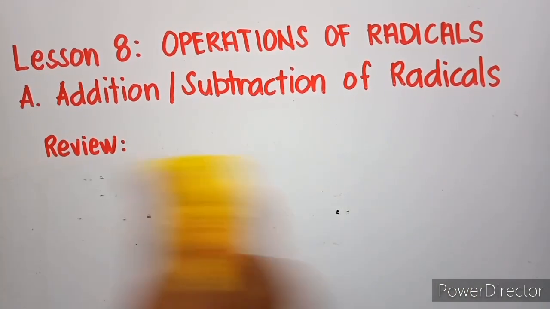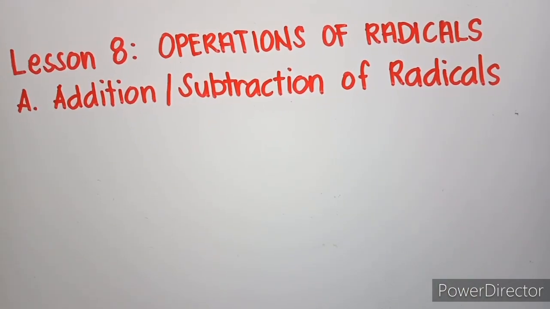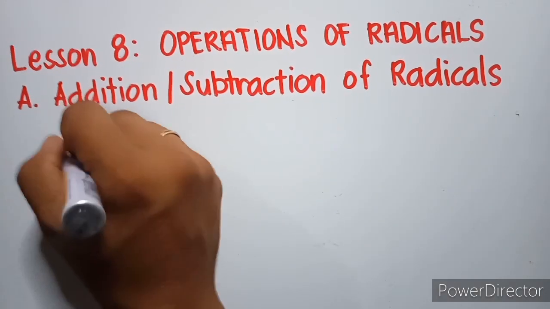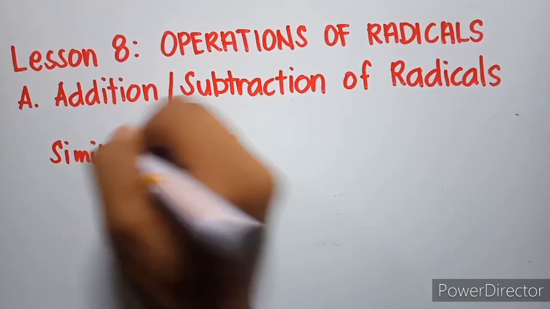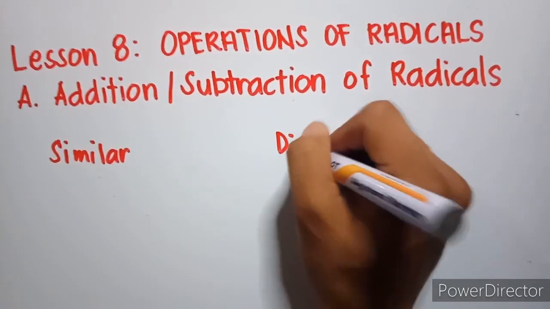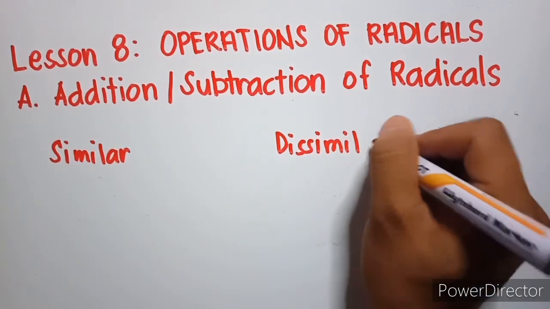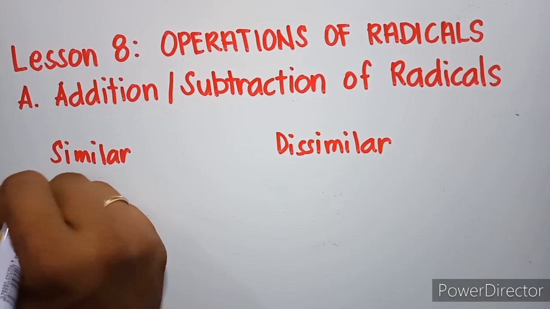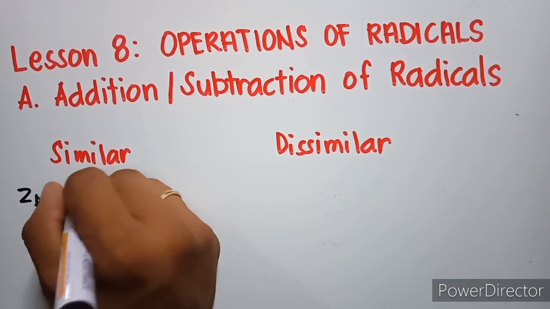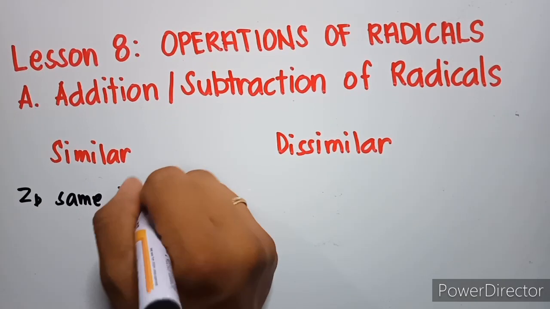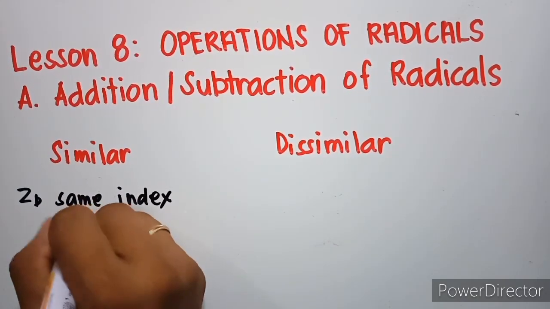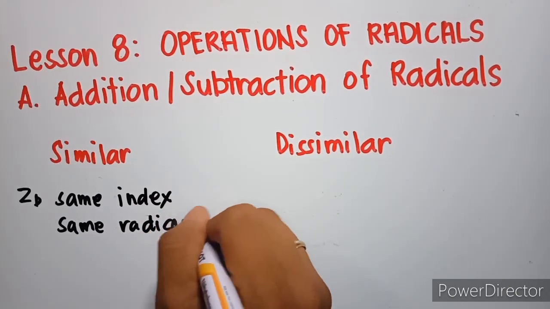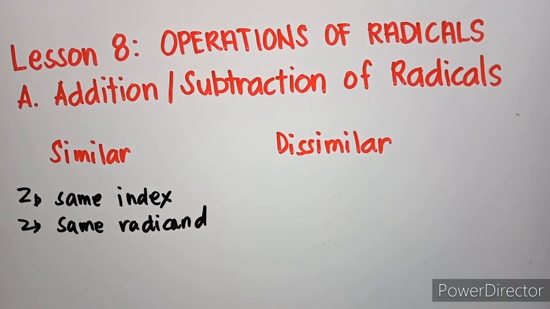Now, it is the same way with radicals. In radicals, we have what we call similar radicals and dissimilar radicals. When we're talking about similar, we are talking about the same index and the same radicand.